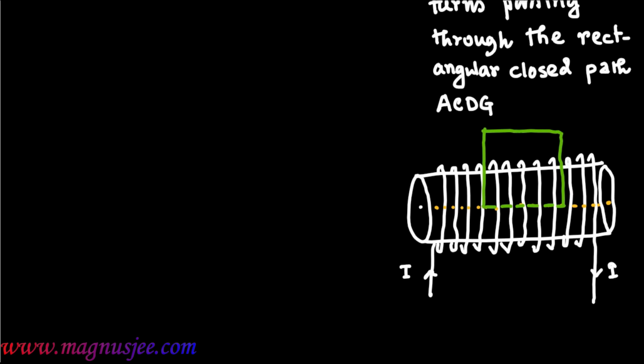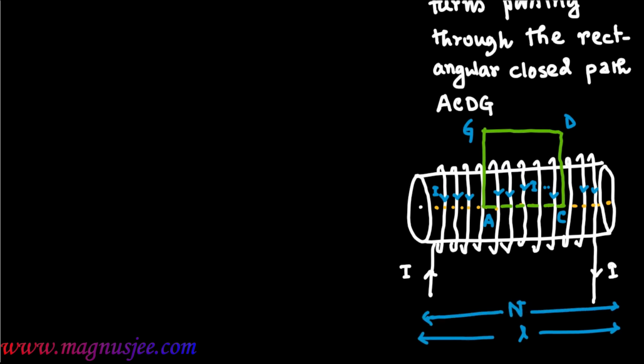This is the rectangular closed path which is considered partly inside the solenoid. ACDG is the rectangular closed path, and this will be the direction of current passing through each turn of the solenoid. I. Small l is the length of the solenoid.